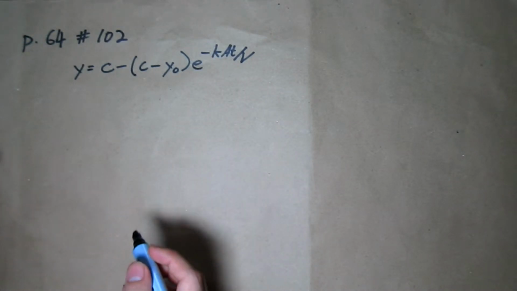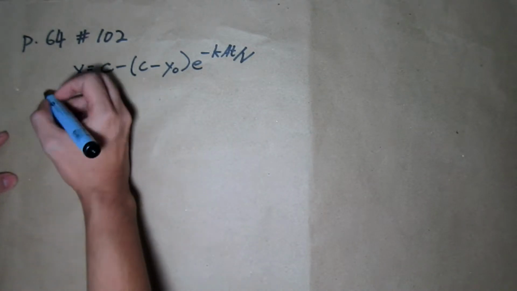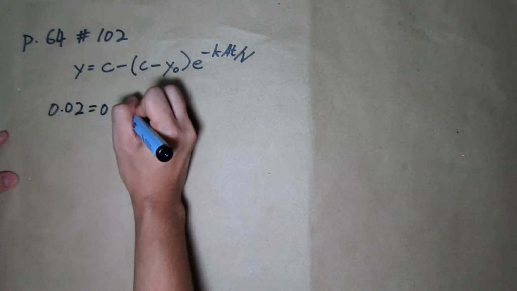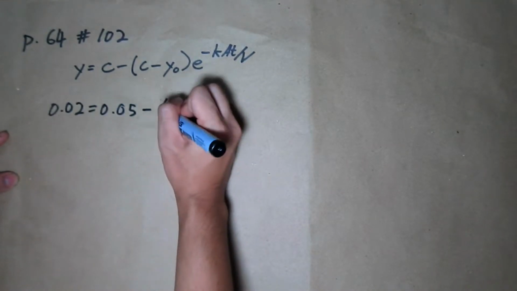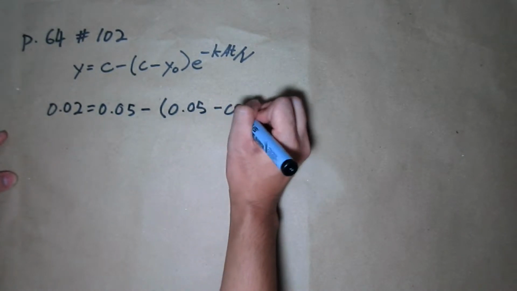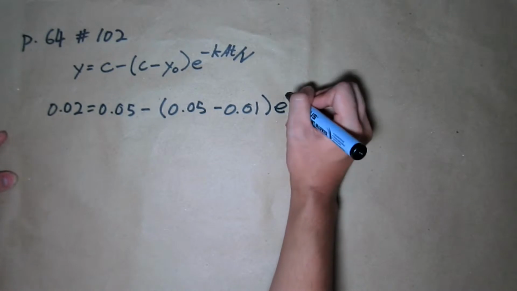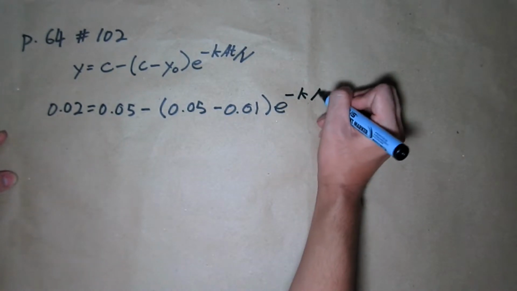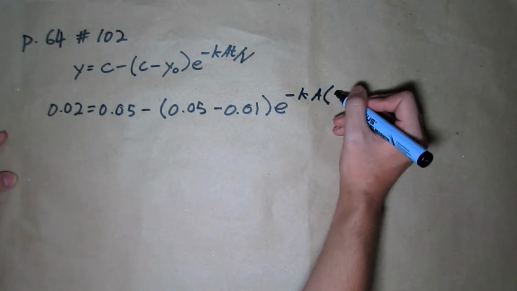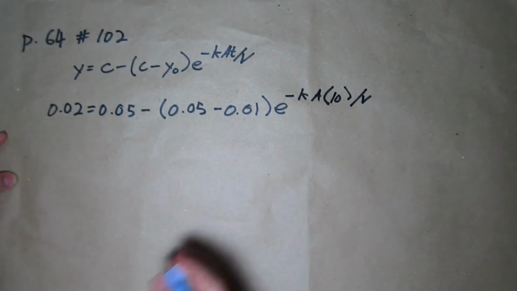So we'll use the given, which is 0.02 is equal to 0.05 minus the quantity of 0.05 minus 0.01 times the quantity of e raised to the power of negative ka, and then the time, which is 10 minutes, so 10 over v, which is the volume.